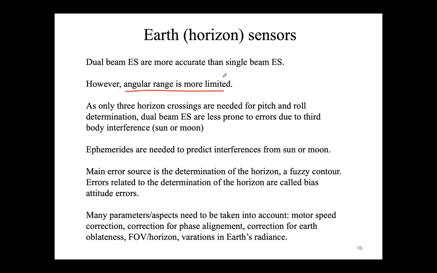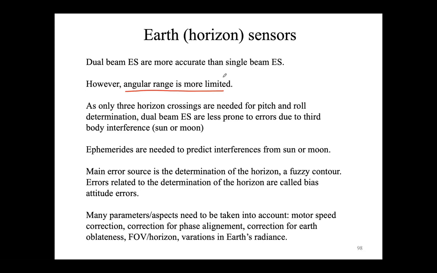And the other thing is that, as I said, you need to use additional sensors in order to have a 3D determination of the spacecraft attitude, because the Earth sensor is only able to give you information on the pitch and roll axis. So you need an additional sensor in order to determine the attitude of the spacecraft.